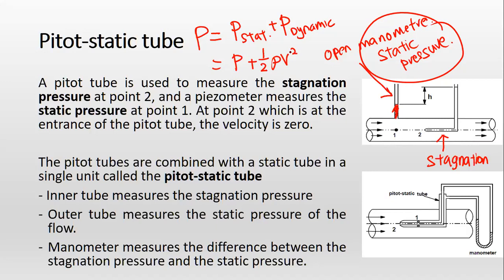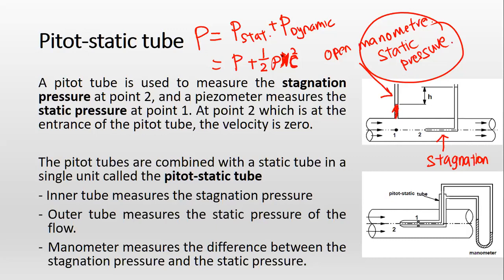Maybe I shouldn't use the v. I'll change this, it should be c. So half rho c square, where c is the velocity of your fluid.